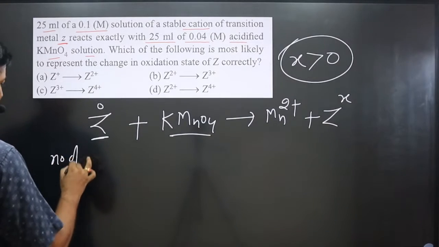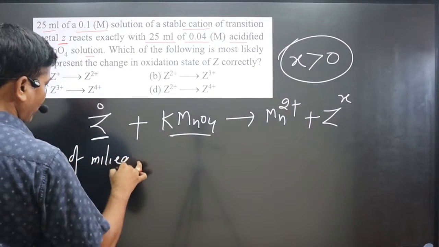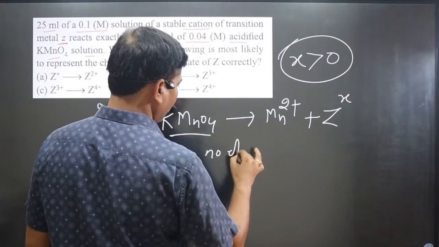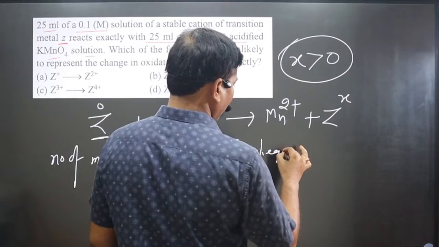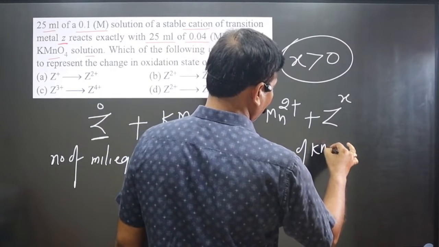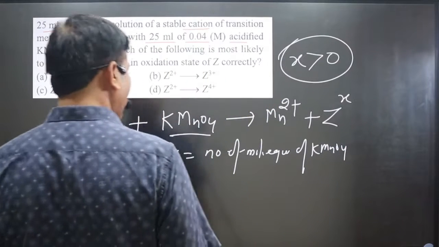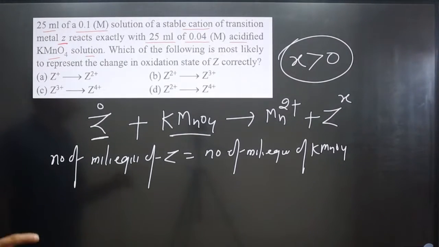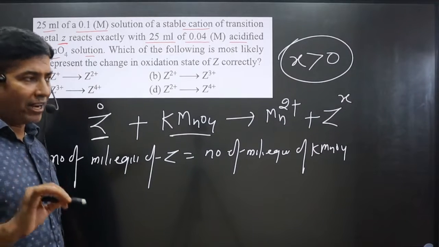Number of milliequivalents of Z is equal to number of milliequivalents of KMnO4. If we apply this concept, we need the n factor value, because number of equivalents is millimoles multiplied by n factor.